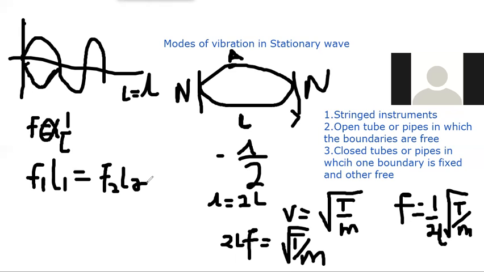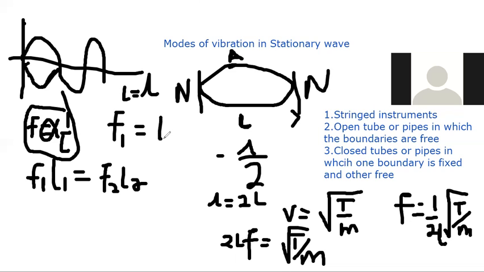Yeah, Ruben, talk to me. So you say it is inversely proportional. How come F1 L1 is equal to F2 L2? This is gotten from F being inversely proportional to L. For instance, if frequency 1 is equal to 1 all over L1, we can multiply by length 1 and we get F1 L1.